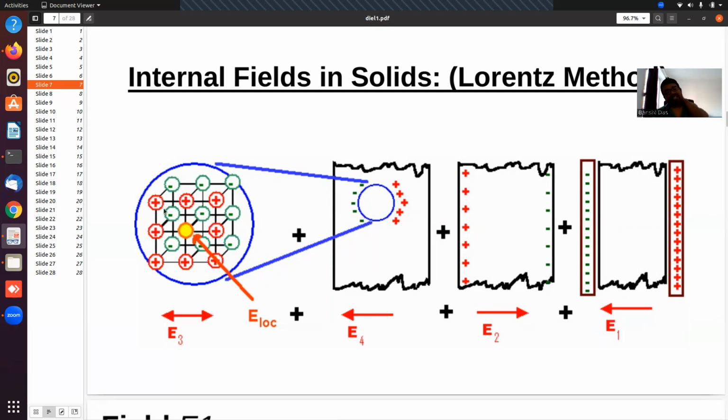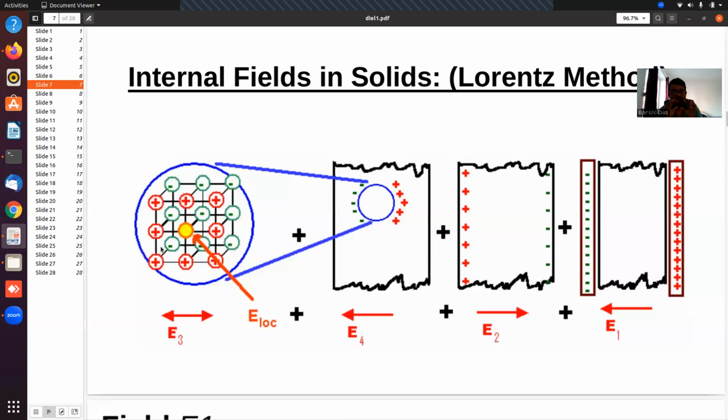Okay, but at that time Lorentz had no idea of the accurate atomic positions, the accurate position of the atomic dipoles, or the accurate molecular structure. He did not have that information. So he thought that locally it would be symmetric, meaning positive charge distributed over some negative charge, or negative charge distributed over some positive charge, like this kind of thing.